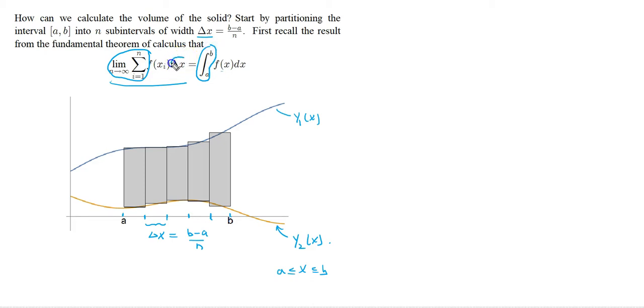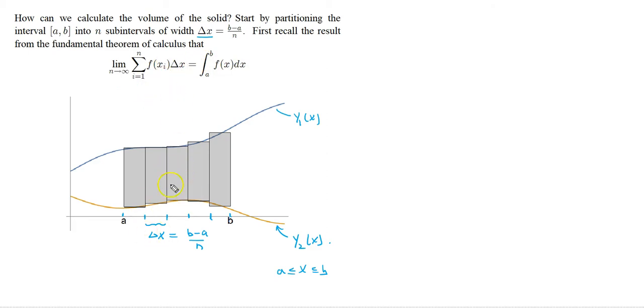The delta x becomes a dx. And what's inside here, the f of xi, any place you see an xi, you just replace that with an x. So keep this result in mind, and this comes from the proof of the fundamental theorem of calculus.